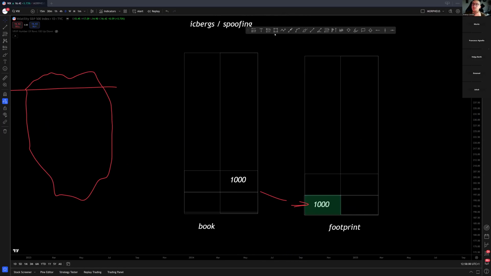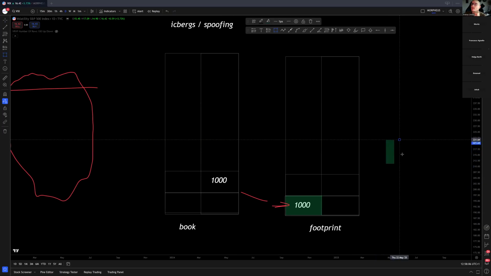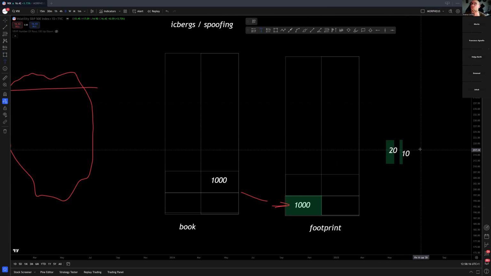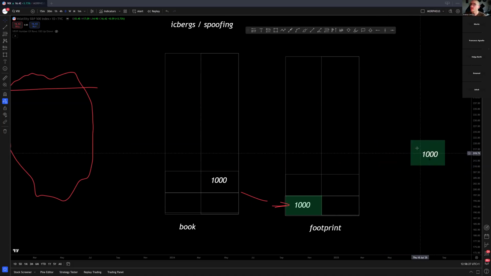Because as I told you, in a chronological way, let's say maybe there's like 20 contracts in the front of the queue. And then he puts his 1,000 contracts here. If these guys get executed, now it's up to him.